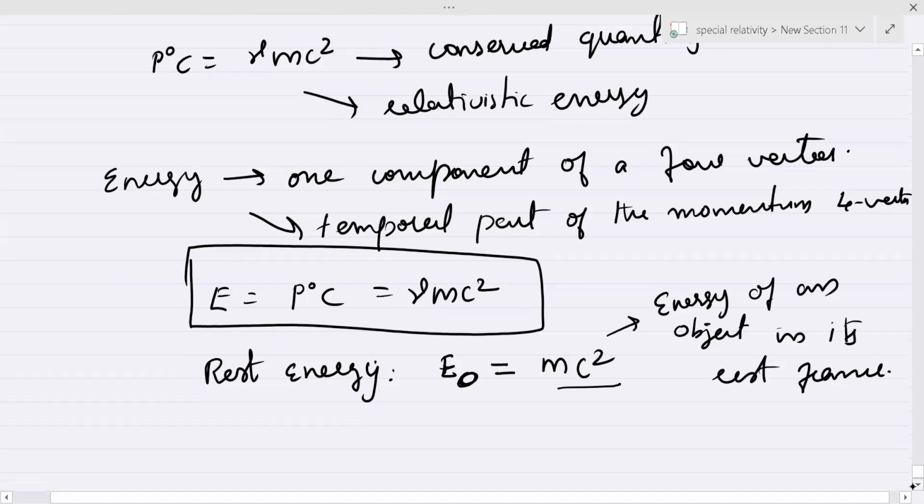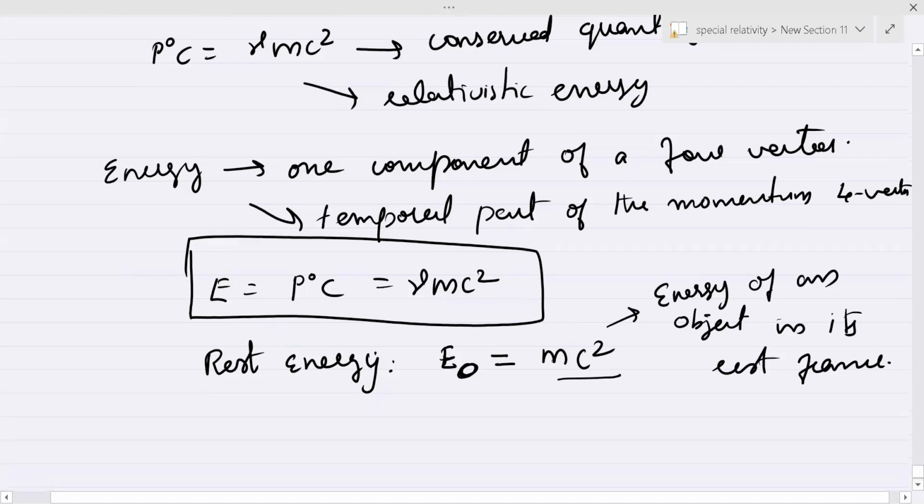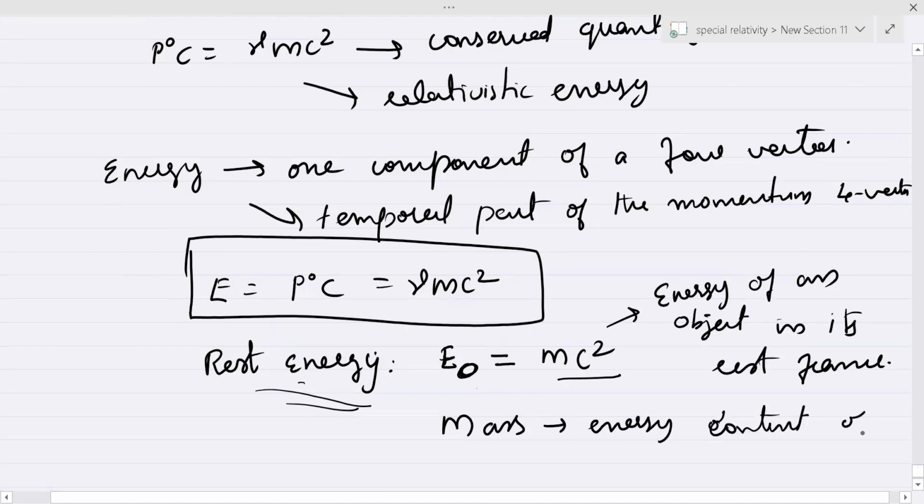All right, that's also rest energy, and we say that the mass is actually the energy of an object when it is at rest, right? So this is a new concept here, because Einstein has introduced a new concept called rest energy, which was not there in Newtonian thinking. So in other words, we can call mass the energy content of an object.